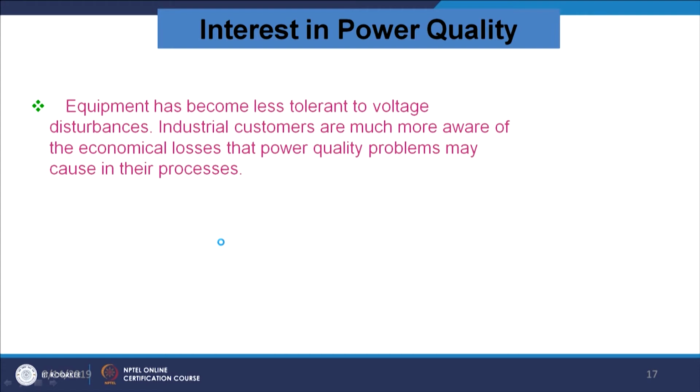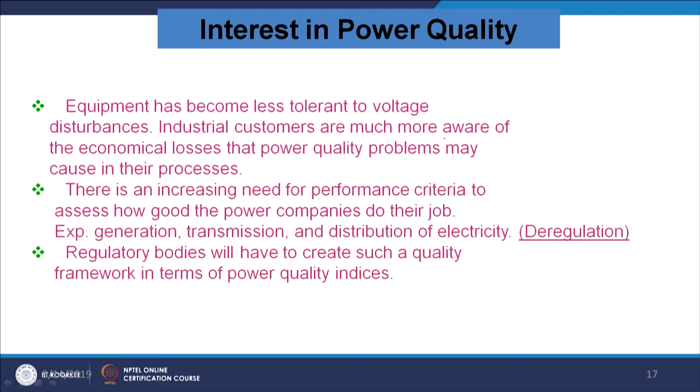Equipment has become less tolerant to voltage disturbance, because due to cut-throat competition you cannot take a long margin of safety. Industrial customers are more aware of the commercial losses that a power quality problem may cause to their process, and they ask for compensation, and there is an increased need for performance criteria to assess how good the power company is doing its job.